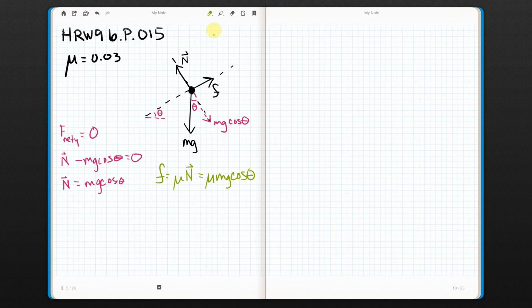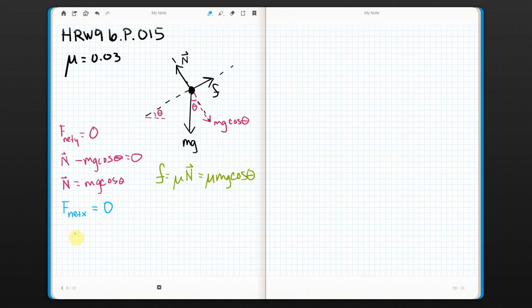Now, if I do Newton's second law for the other side, the x stuff, I want the last point where this thing has no acceleration, it's not sliding. So that would be like the largest angle I could get without it sliding. So any angle bigger than that, it would slide. So I'm going to do f net equals 0 as well, f net in the x direction.